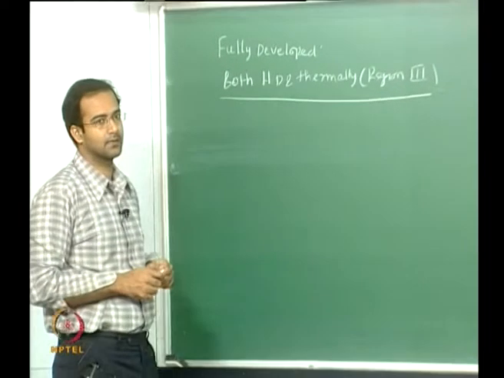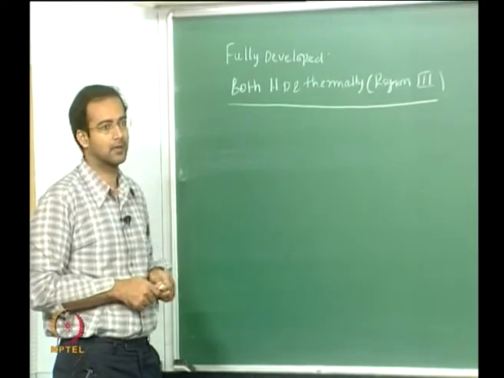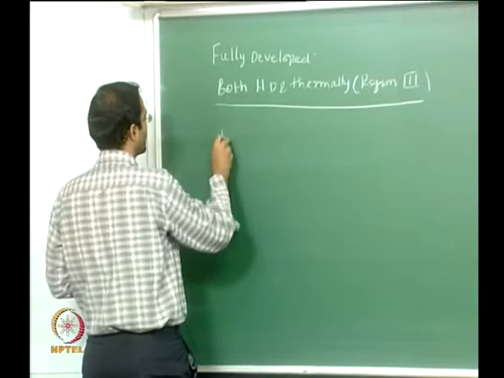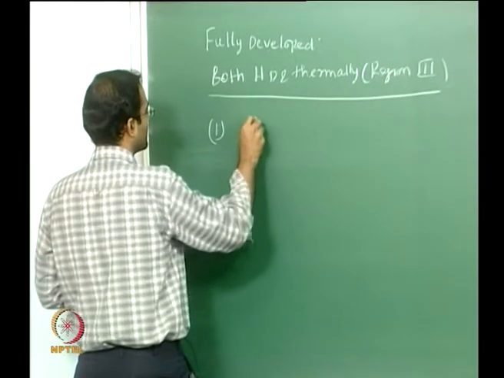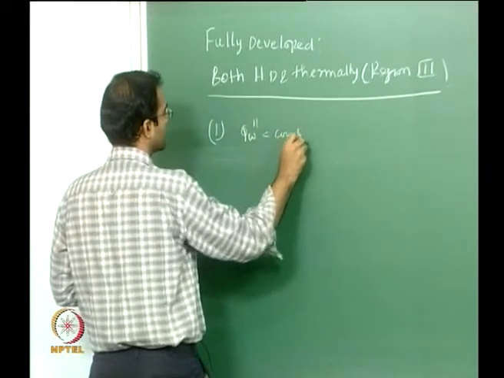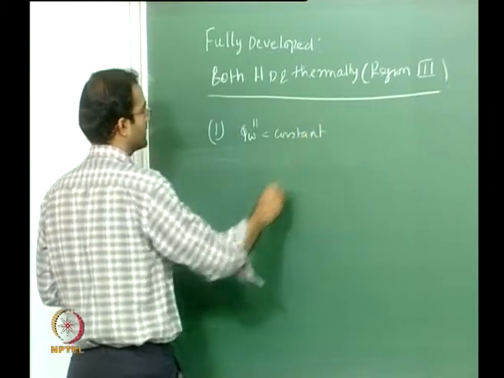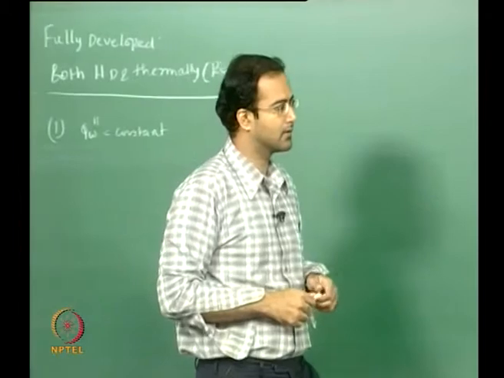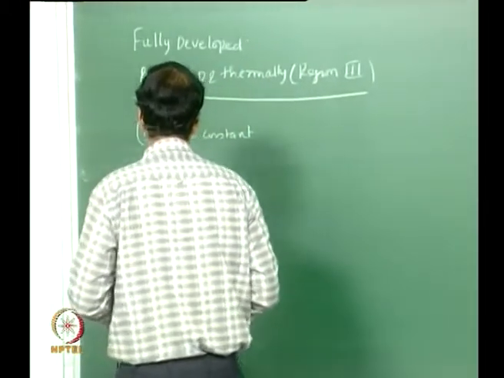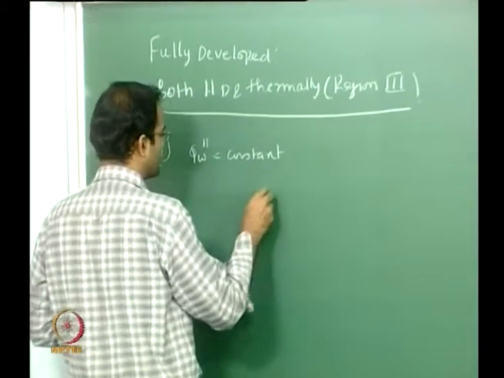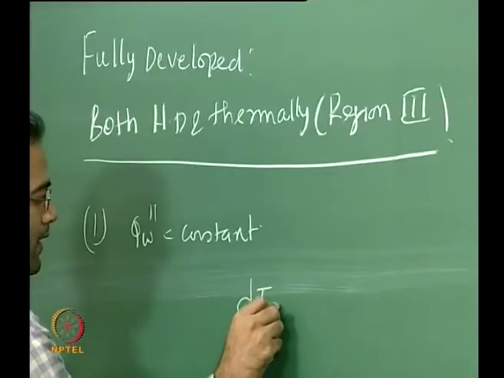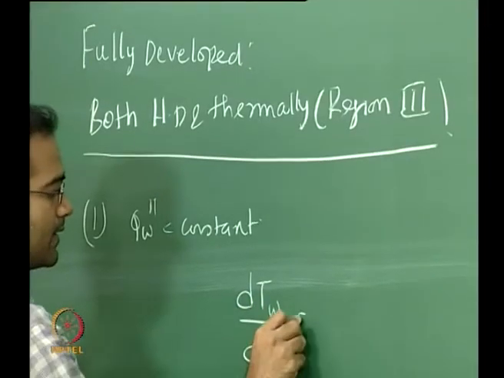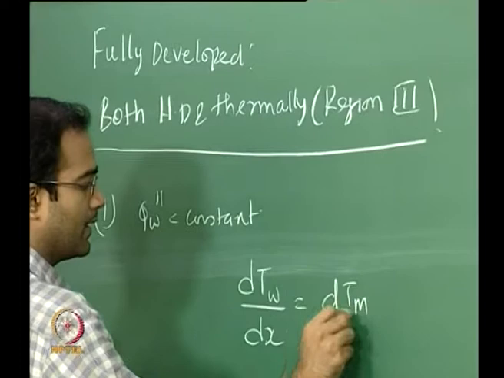The first case that we took was a constant wall flux boundary condition. So q wall double prime is constant, and for this particular case we have shown that if q wall is constant, that means dT wall by dx should be equal to dTm by dx.